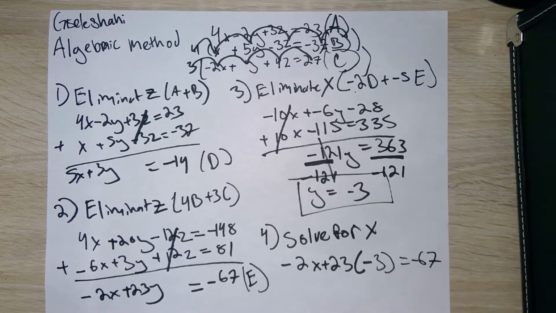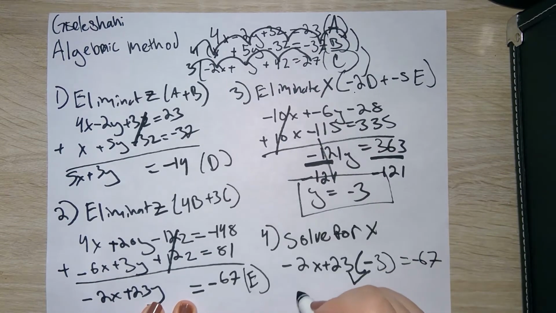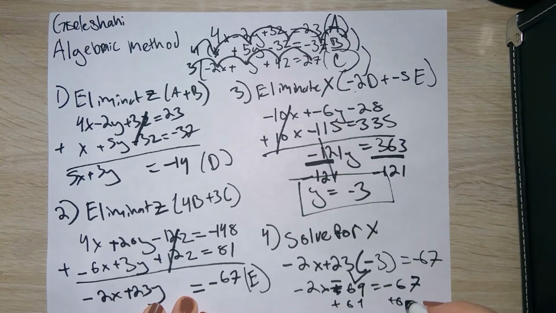And then you figure out what x is. So you multiply these two together, so it's -2x minus 69 equals -67. And then plus 69 on both sides.